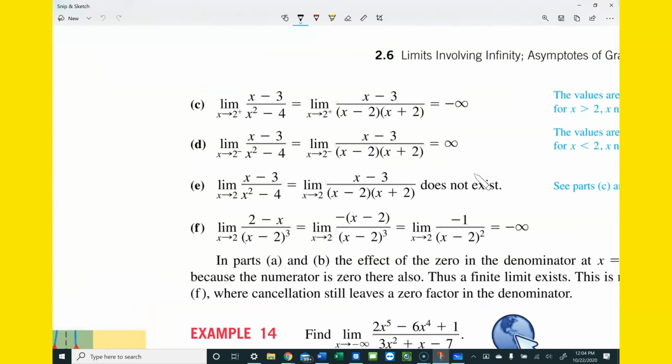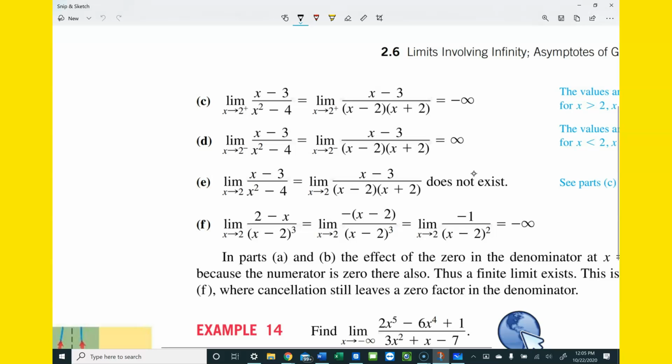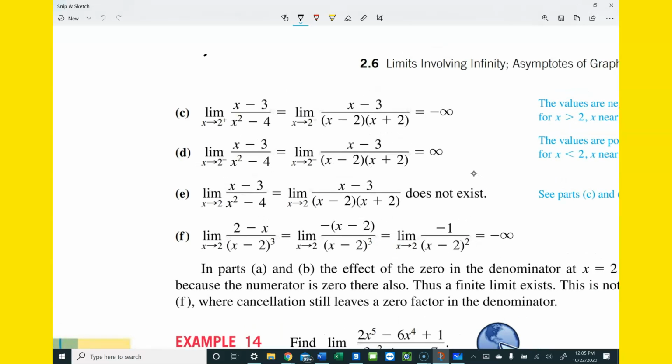All right, here we can already think about what's going on. Let's see here. So if x approaches 2 from the right, so x is like 2.01, that means this is going to be some sort of negative number on top.